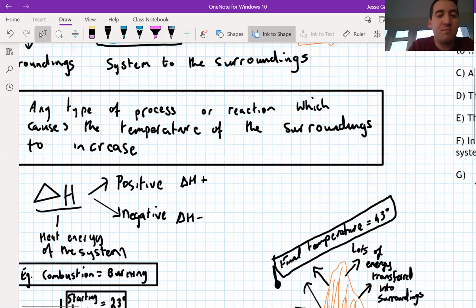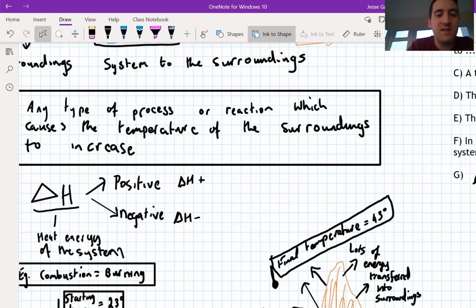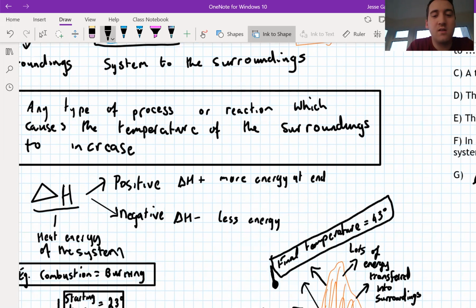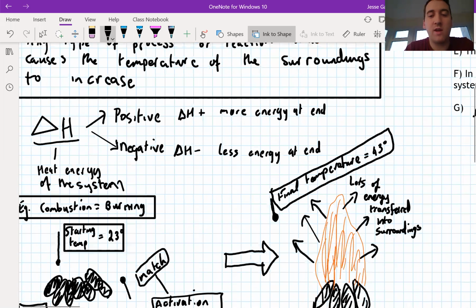Well, delta H positive means the system has more energy at the end. Delta H negative means the system has less energy at the end of the reaction. Now, if we go back down here, this is what we had before.